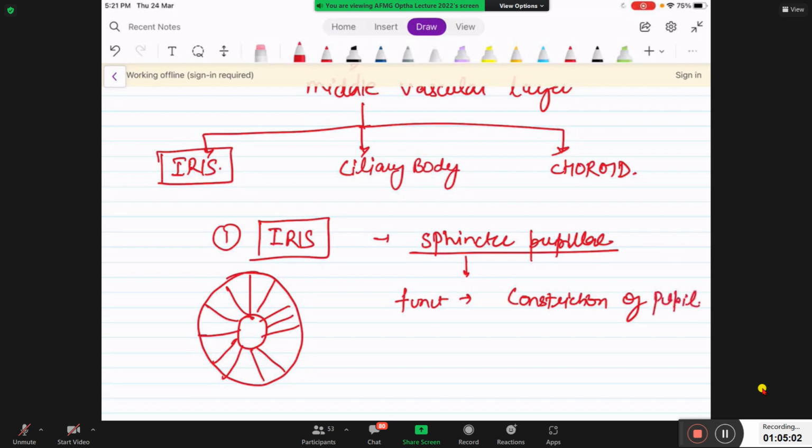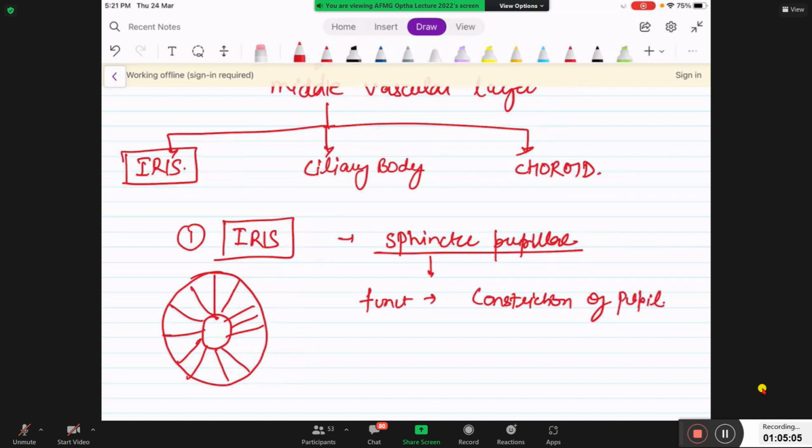So sphincter pupillae muscle causes constriction of the pupil, and that constriction of pupil is called as meiosis. Meiosis means constriction of pupil. Clear? So that constriction, the meiosis, is controlled by which muscle of the iris? Sphincter pupillae muscle. Sphincter pupillae causes meiosis. Meiosis means small pupil, constricted pupil.